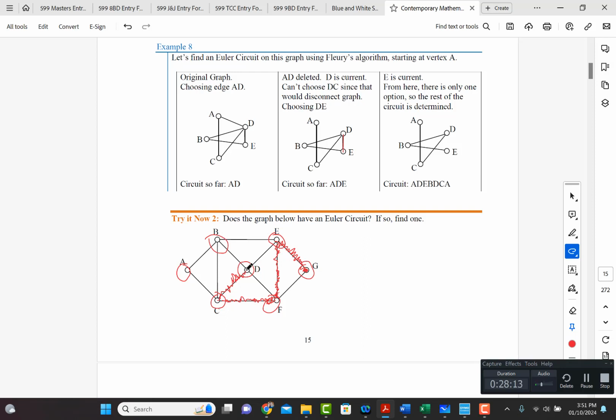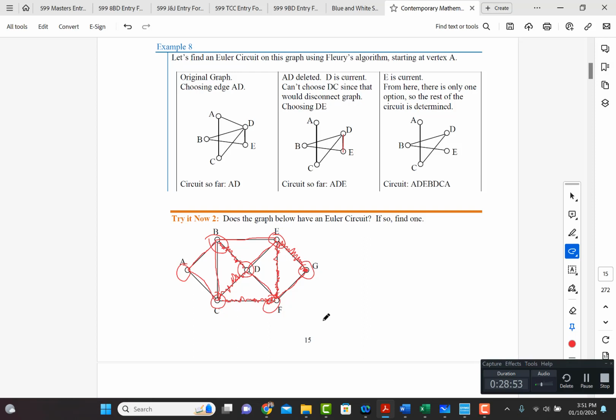And if I go to B, right, and I do that, if I get rid of that one, I still have a connected graph, and I can see now you might be able to see the path, right? So if I go this way, so if I go from there, if I go here, here, and then up, and then over, and then down here, and then to F, and then now back to G.